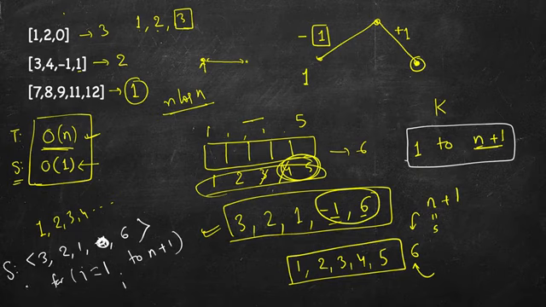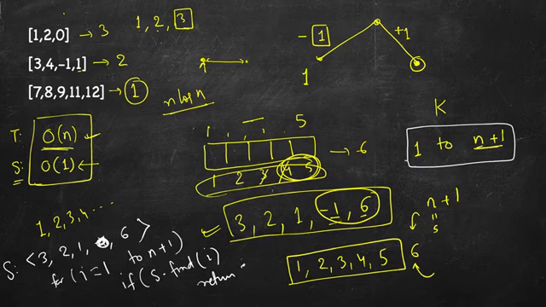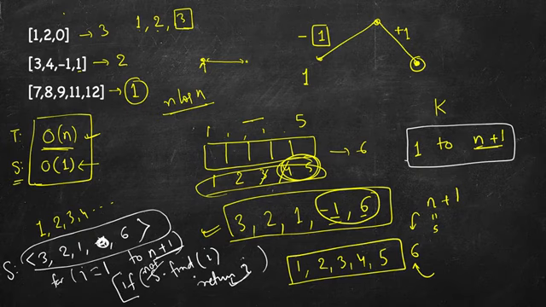And this is set S. We need to check S dot find. If it's not in S, then return i, because this ith value was not present. If not till n, then n plus 1, so we will get this situation sometime. Searching in this hash set will be O of 1, and this outer loop will take n time. So overall O of n, but this space is O of n as well.